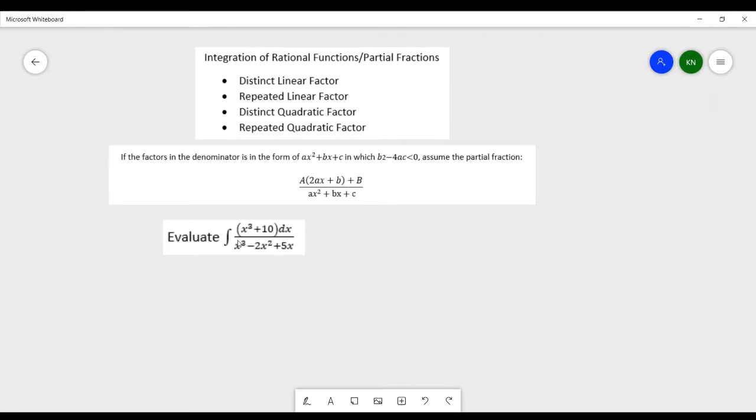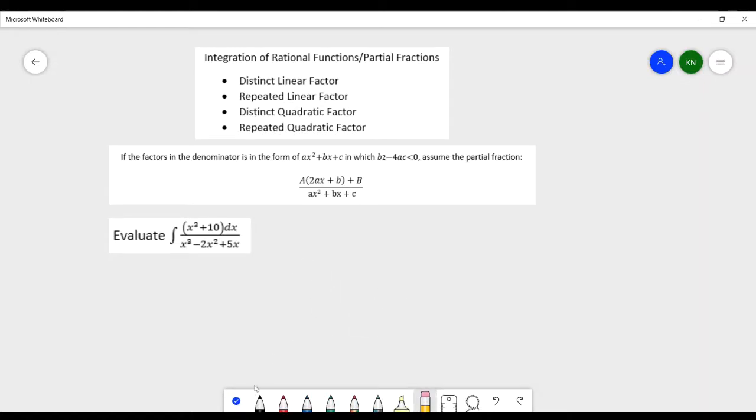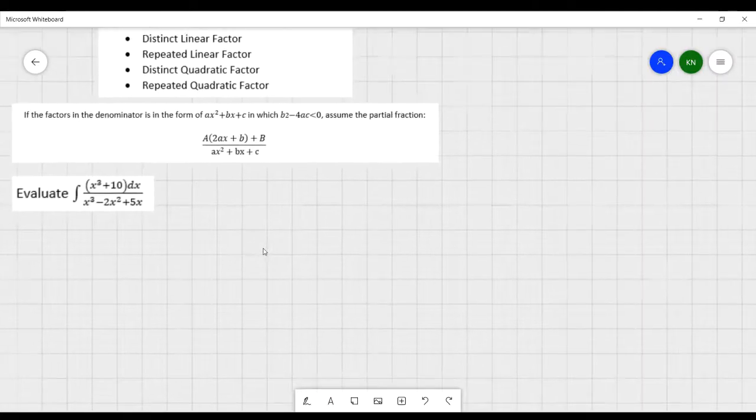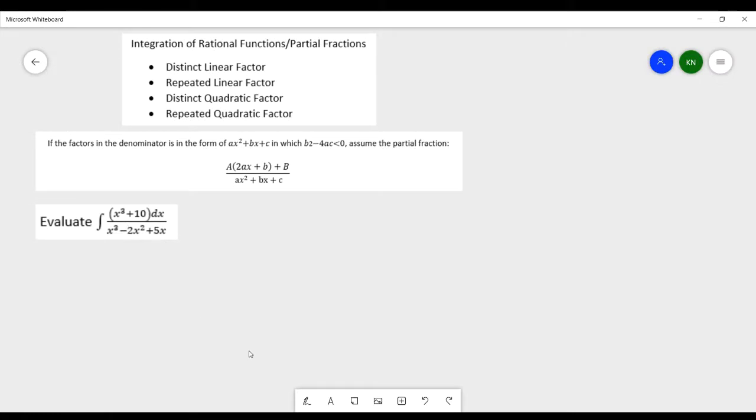So before we continue to our partial fraction, we need to simplify our equation first. How can we simplify it? As this is a fraction, we can simplify it by dividing the polynomials using long division.